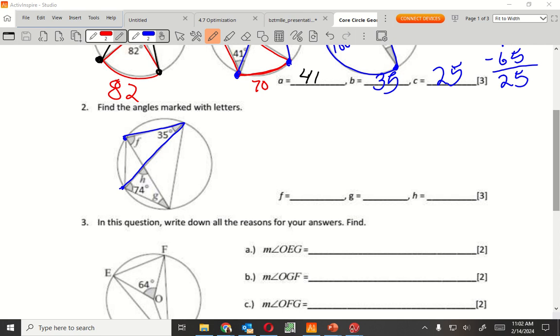That's an inscribed angle. Very good. And I know the inscribed angle is half of the arc, right? So if my inscribed angle here is 35, the outside arc is 70. Very good.